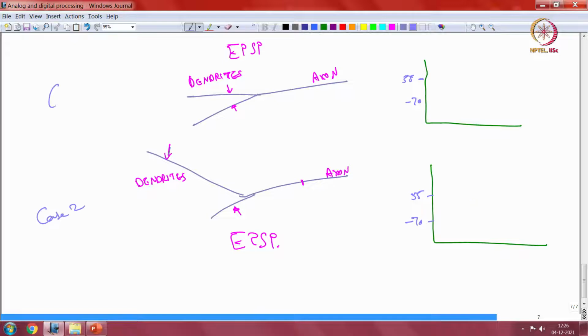Case 1. The first signal, which is the EPSP over here, is a small current which is generated here, and it does not reach the threshold required for activation. We will label it as around plus 20.